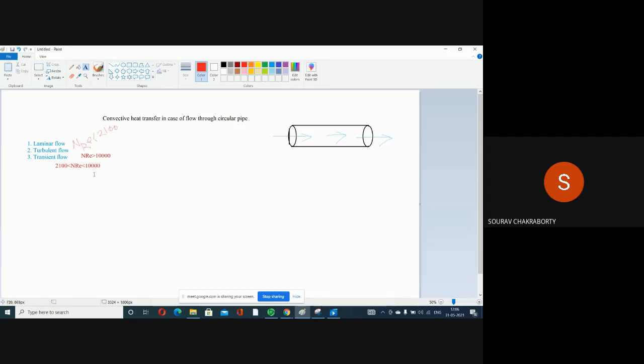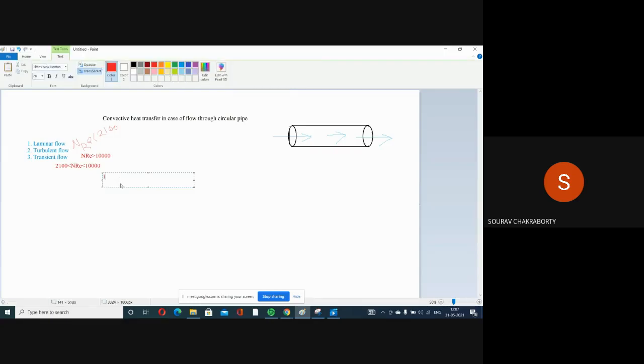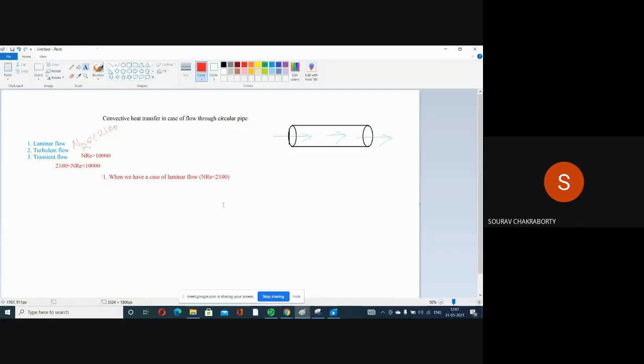So when we have a case of laminar flow, that means your NRE is less than 2100, in that case what will be the expression?